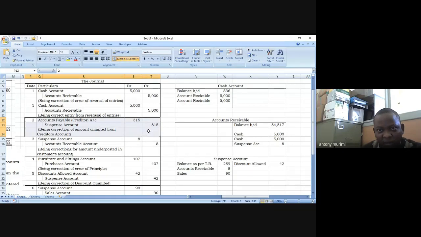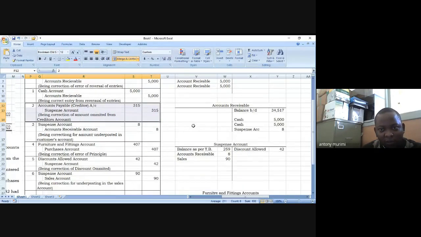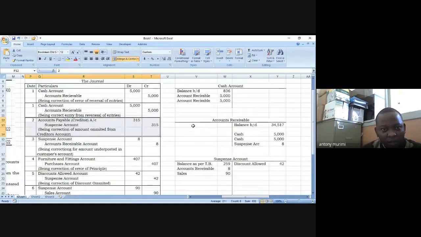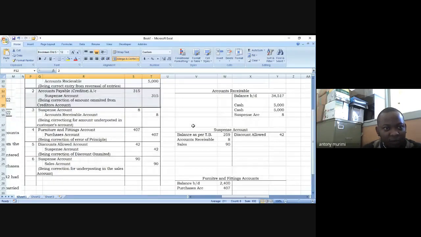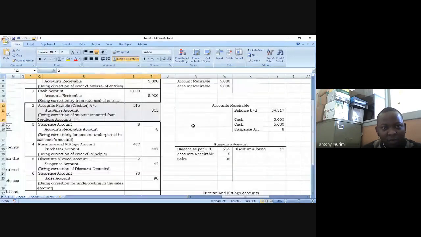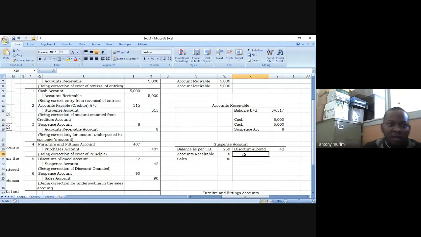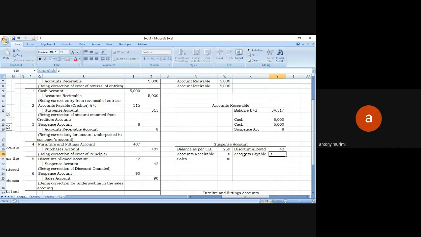Then I've just realized I had skipped number 2. Error number 2, correction number 2: you're supposed to debit accounts payable and credit suspense account. So I did not do that, and I need to correct for that. So credit suspense account by accounts payable, that is 315.